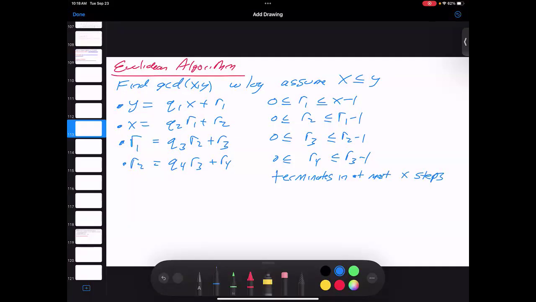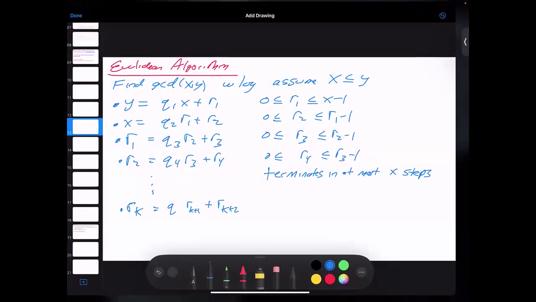Now, if X and Y are of size 10 to the 200, this could be really bad. It could take a long time before it terminates, but it will terminate. Eventually we go all the way down, and let's say we have R_K equals Q times R plus R. The subscripts go higher up, so if this is R_K, this would be R_{K+1}, this would be R_{K+2}, and the Q over here has index K plus 2.